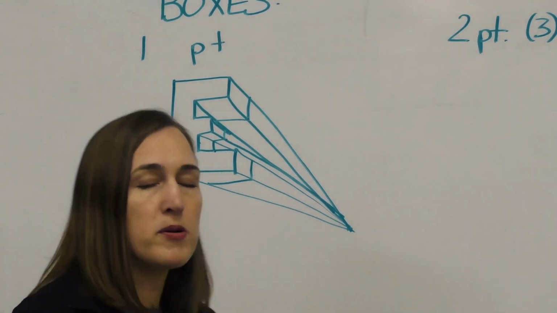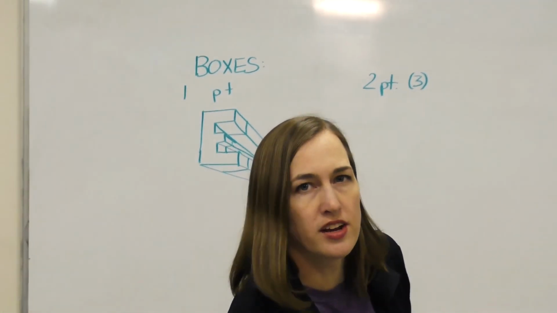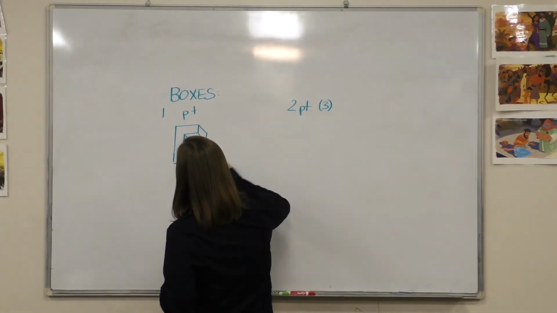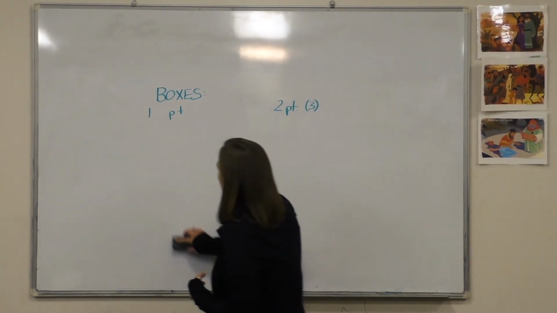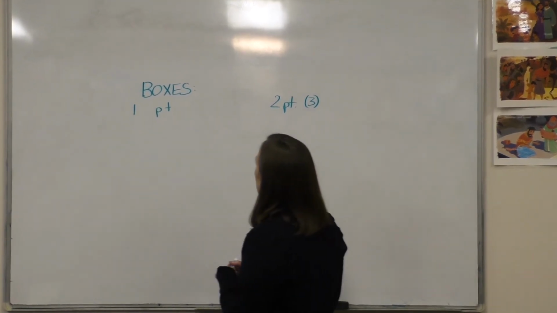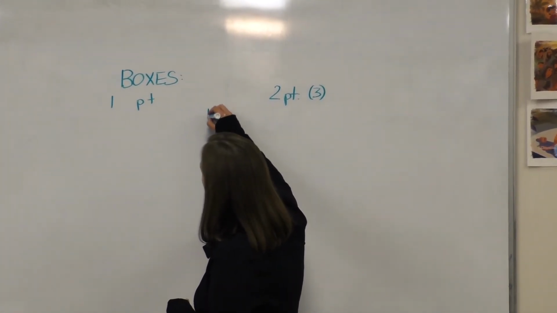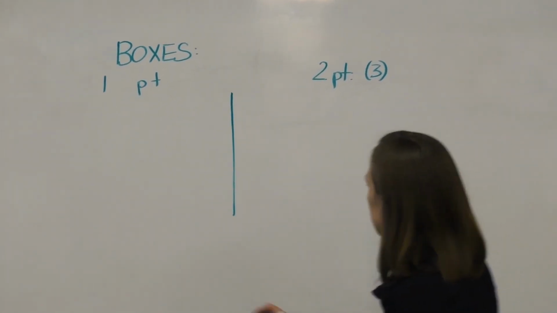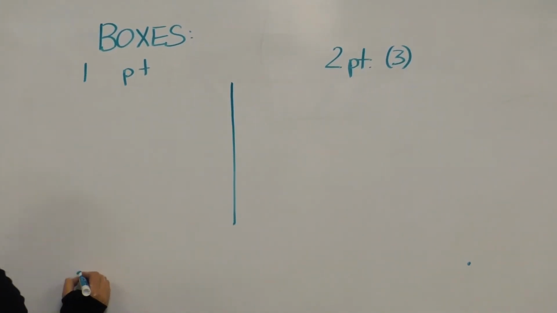Now, my 2-point perspective is gonna be a little bit trickier because again, I can only use vertical lines. I'm just gonna get rid of that one so I can draw it nice and big. There's my start. Here are my 2 vanishing points.